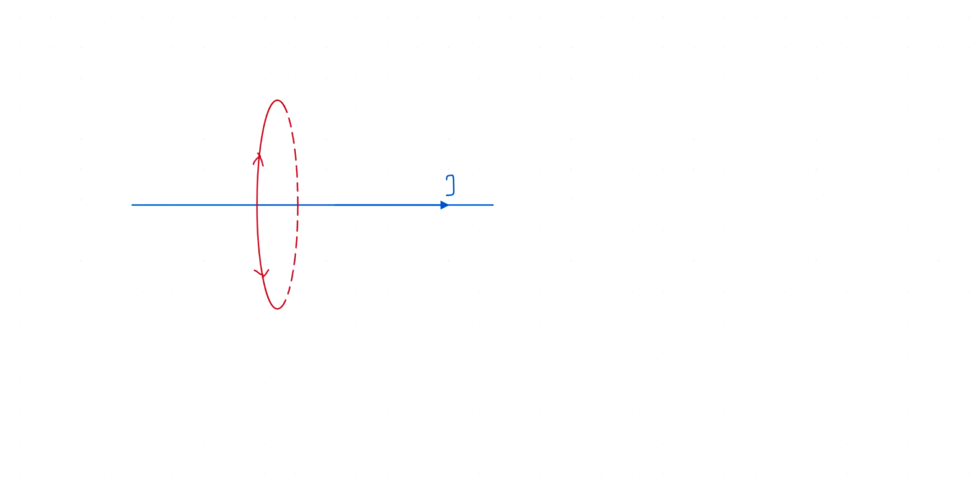And the question is how to define the correct direction of line of magnetic field. We can define this with right hand rule.